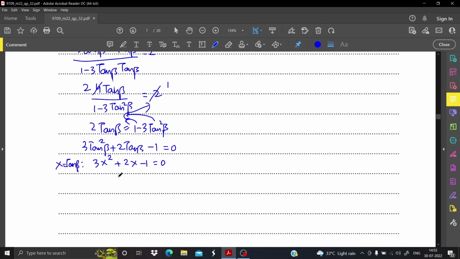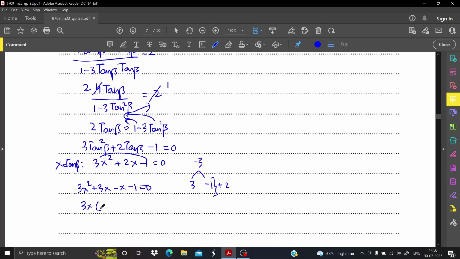So when you solve this equation, this is simple. It can be simply factorized. So 3 into minus 1 is minus 3. The two numbers that multiply to give minus 3 can be considered as 3 and minus 1. When you add, you get plus 2. So 3x square plus 3x minus x minus 1 equal to 0.